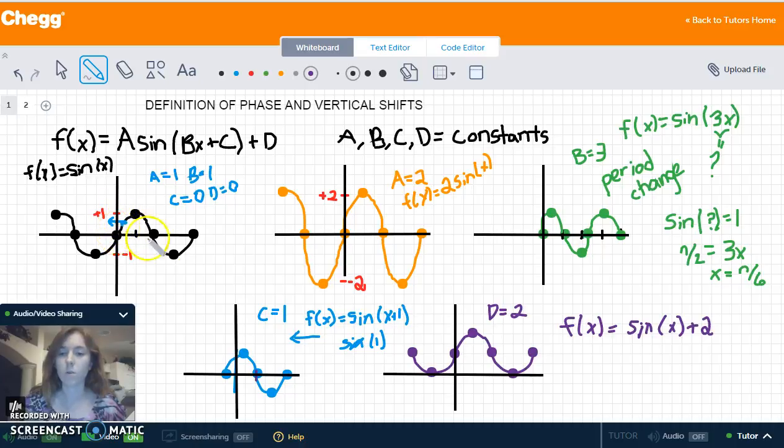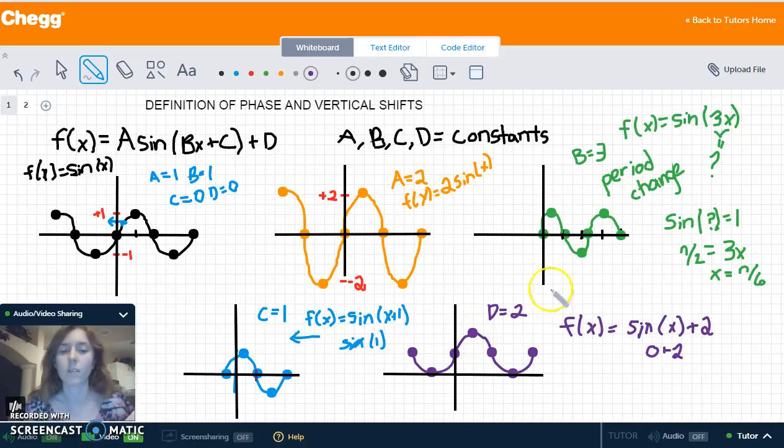You have 0, so you have 0 plus 2. So now at x equal to 0, my function equals 2. So you shift everything up. So here we would have at pi over 2, sine of pi over 2 equals 1. So then sine of pi over 2 plus 2 equals 3.